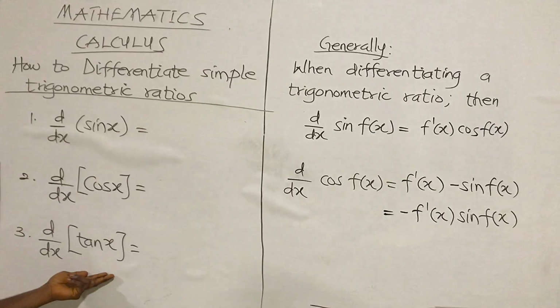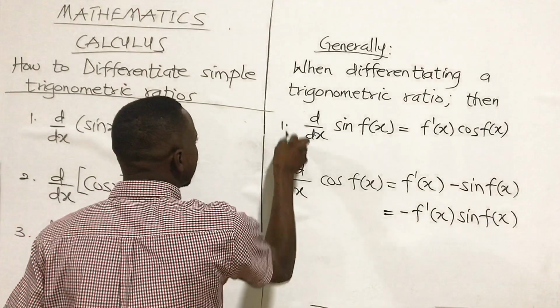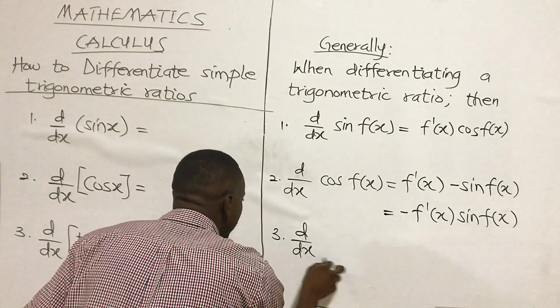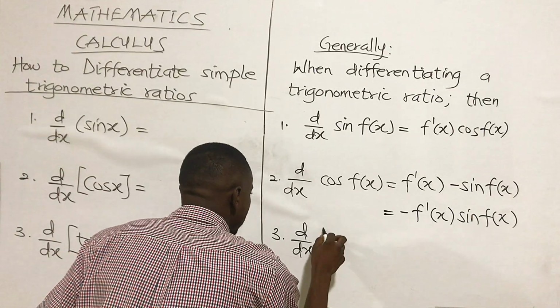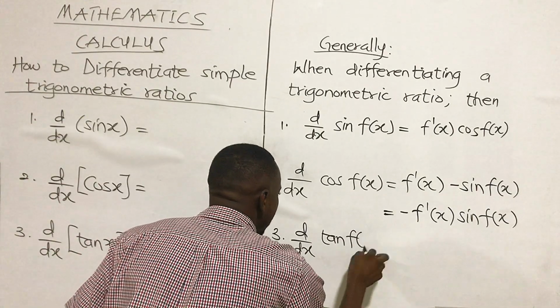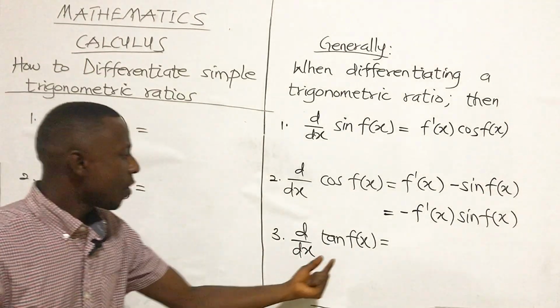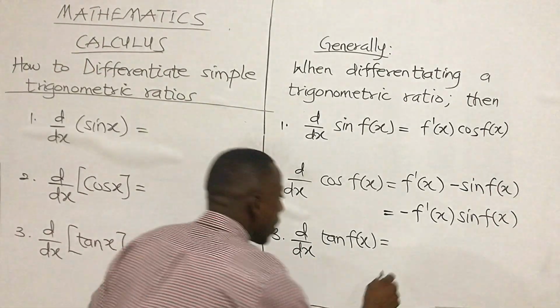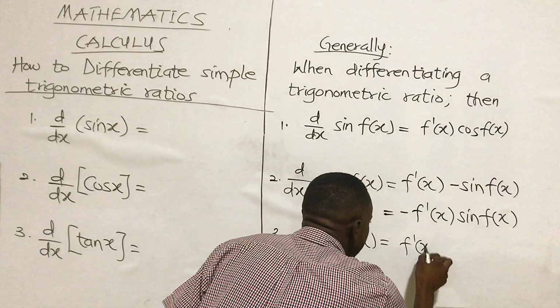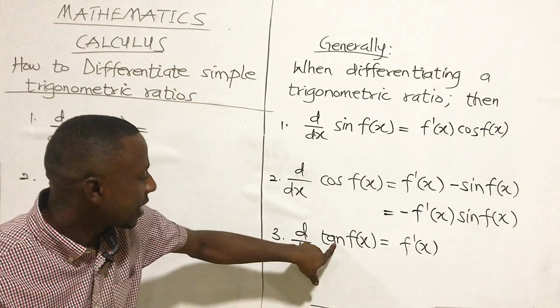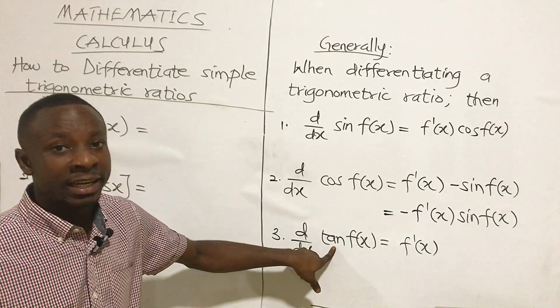Now let's look at the last one, which is the third one. d dx of tan f of x. Over here, when we are differentiating, we are going to differentiate the function, which is f prime of x. Then we are going to differentiate the tan itself.